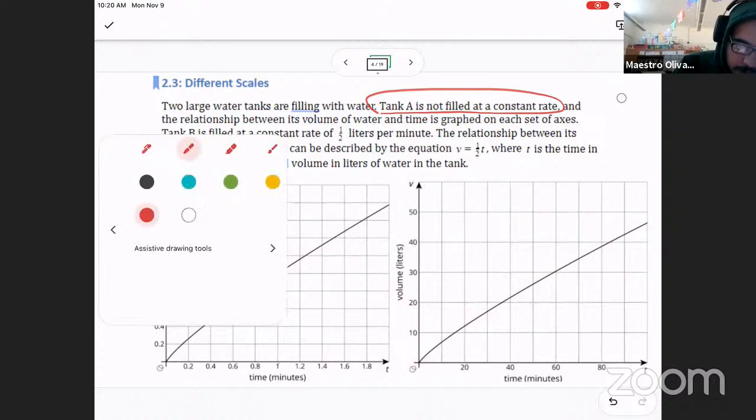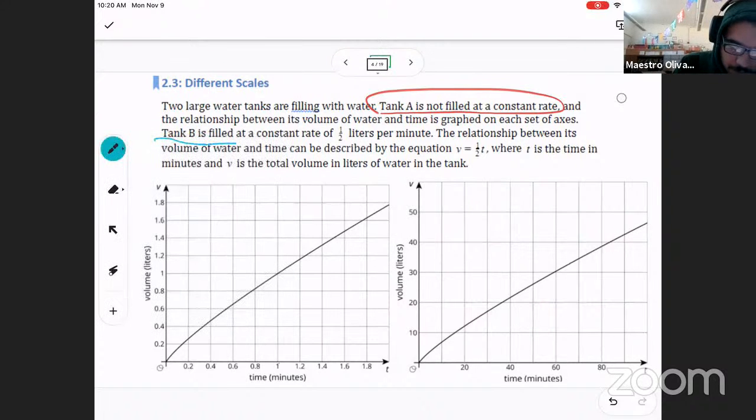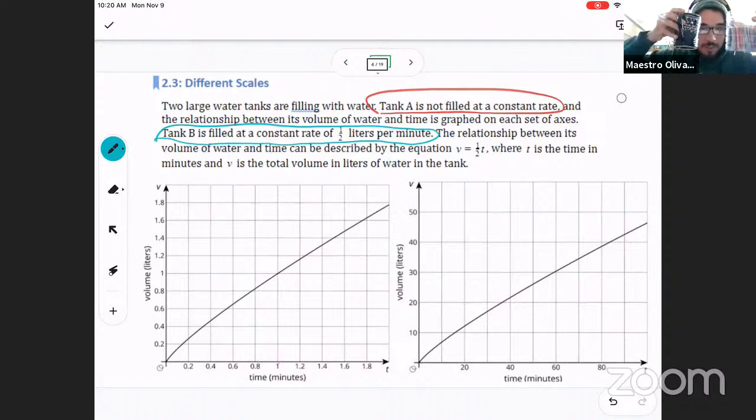Whereas tank B is filled with a constant rate of half a liter per minute. So 2 tanks, okay, tank A, tank B. This one is being filled with random levels of water every second. This one is being filled a specific amount every second.